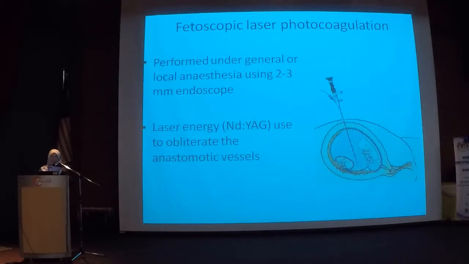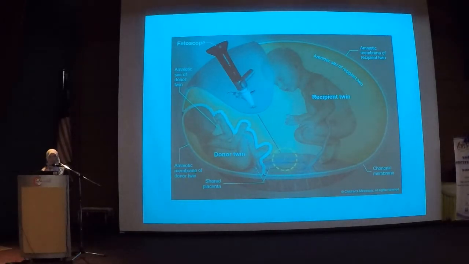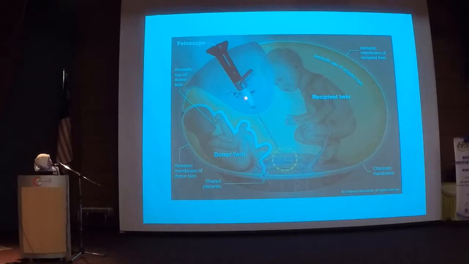Okay, fetoscopic laser photocoagulation. This is the third management for the TTTS, performed under general or local anesthesia, using the endoscope. We use laser energy to obliterate the anastomotic vessels. See this photo. Whenever we insert the endoscope, this is the recipient fetus, bigger.